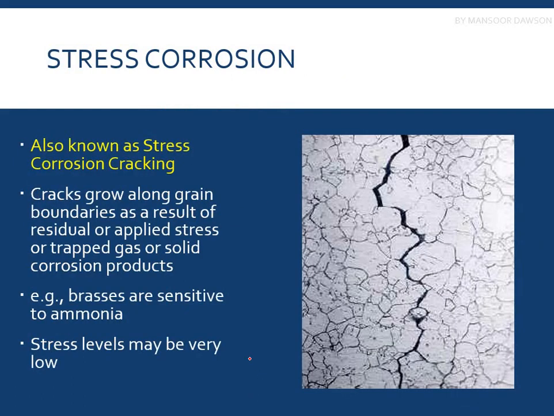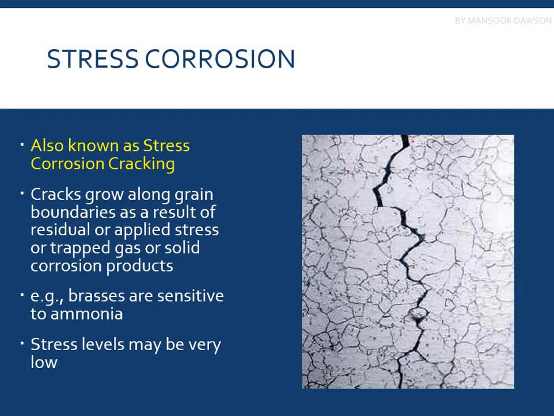Then we have stress corrosion. In stress corrosion, from the name you can get an idea that stress is involved in this type of corrosion. So there is a mechanical stress, and the part is being loaded, and it is exposed to a corrosion environment. So it is also known as stress corrosion cracking. The cracks grow along the grain boundaries as a result of a residual or applied stress or trapped gases or solid corrosion products.